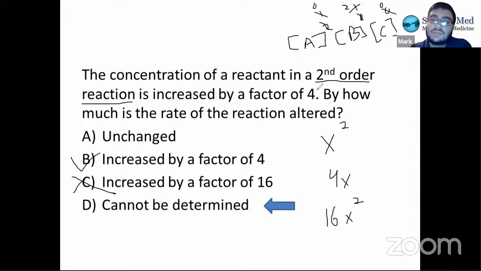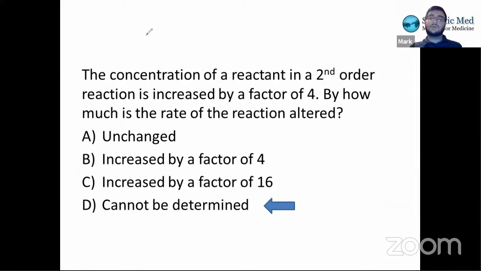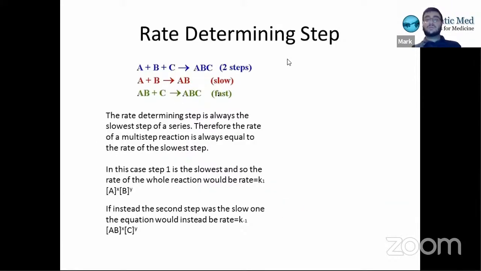If instead it was 0th order with respect to the reactant we're looking at and second order to some other reactant, increasing it by a factor of 4 would give A as the correct answer and not B or C, because anything to the 0th power is 1. Doesn't matter if it's 1, 10, 50, 100, right? Increasing it would have no effect. That's why we don't know. It could be A, it could be B, it could be C. We can't determine that. Next, we're going to talk about rate determining step.